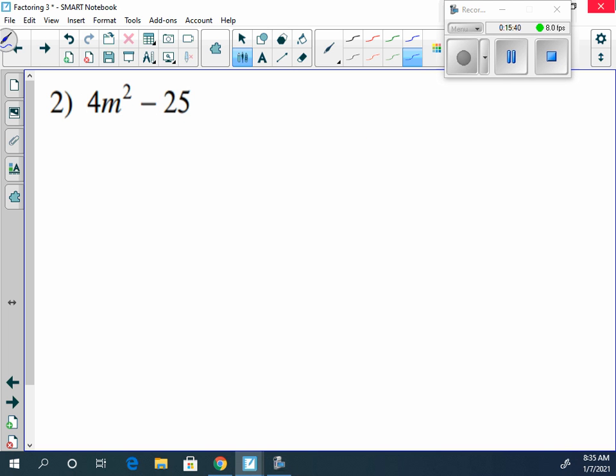Four m squared minus 25. Is this a difference of perfect squares? Because 4m squared is a perfect square, and 25 is a perfect square, so we know we'll have plus and minus.